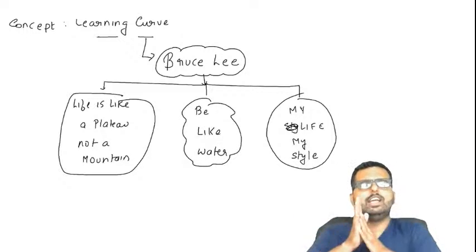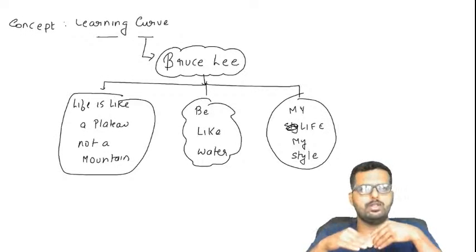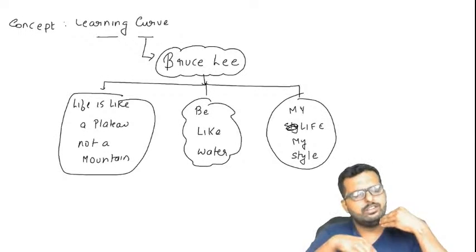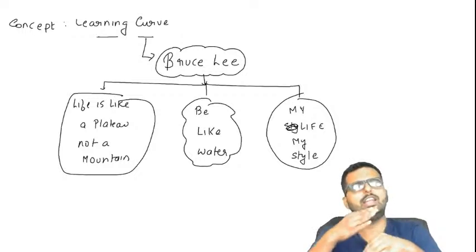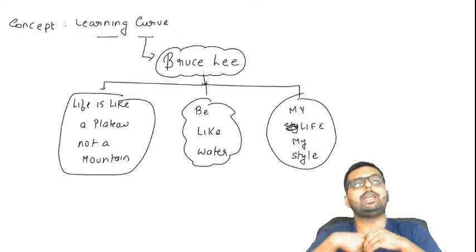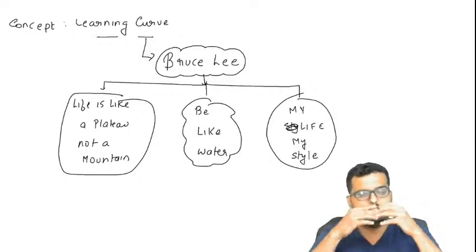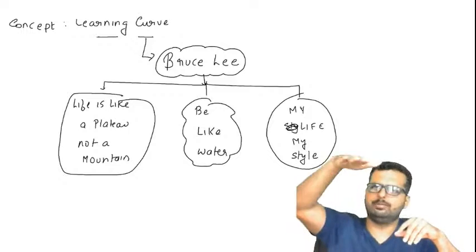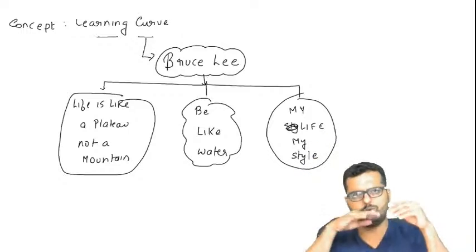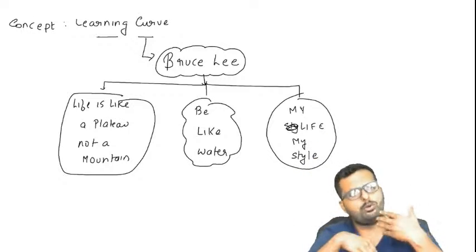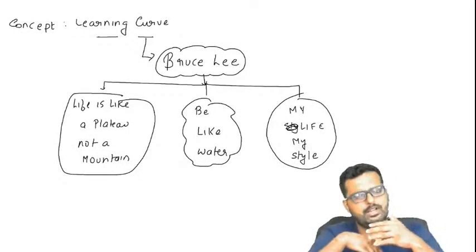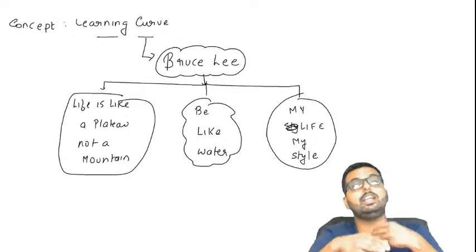He said at the age of 16, when he was doing martial arts, he used to practice speed. He kept doing the same thing again and again, and a point came when he became the fastest martial artist. That day, he thought this is the maximum level, beyond this no one can go. Then Bruce Lee kept on practicing the same thing again and again.